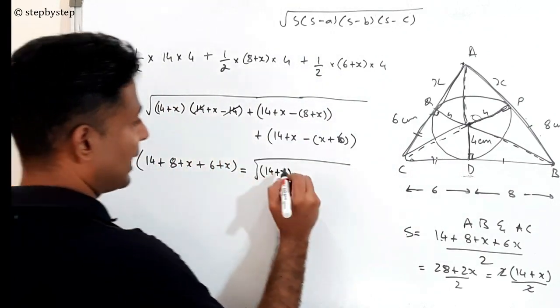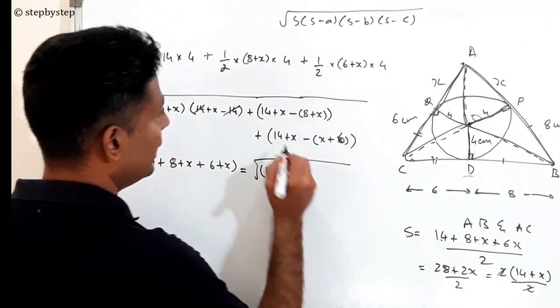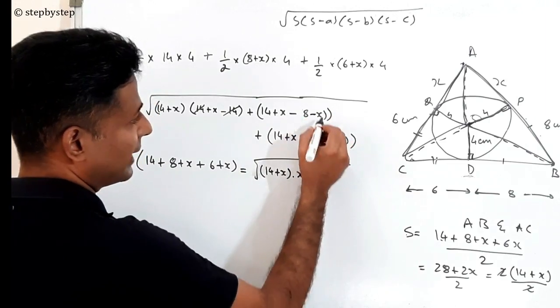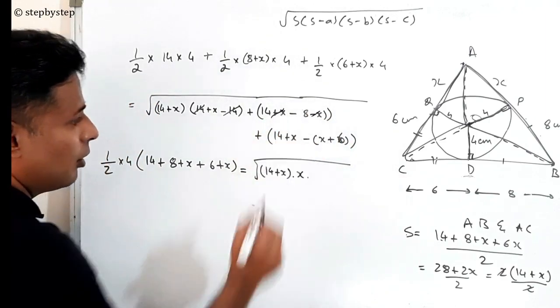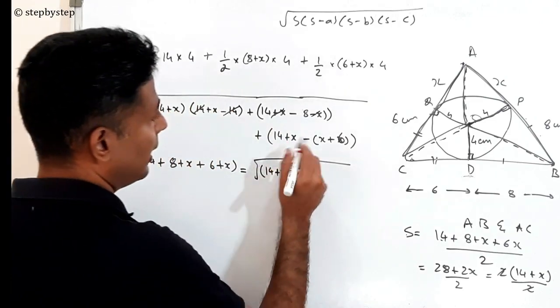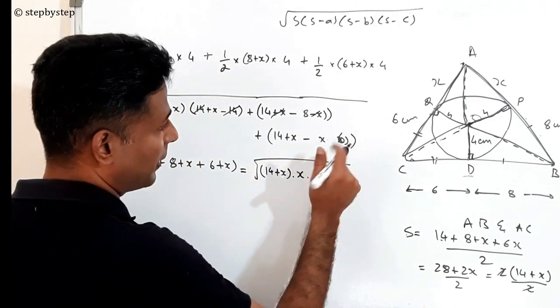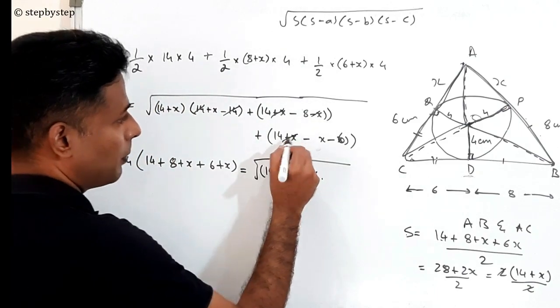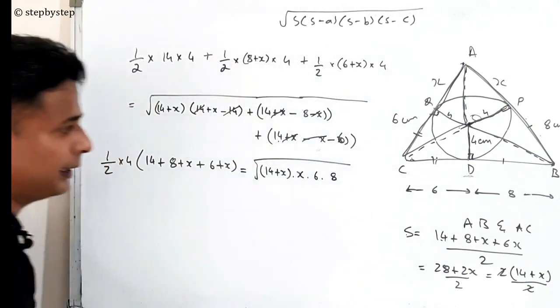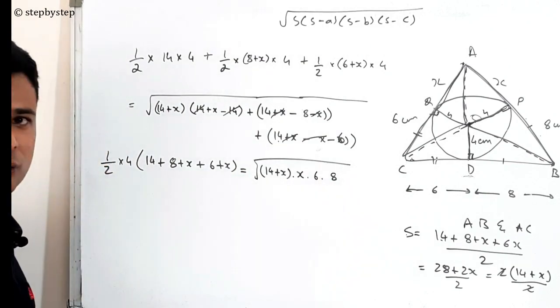Plus 14 minus 14 cancels, so into x. Now when I open this bracket it becomes minus 8 minus x, so minus x plus x cancels, and 14 minus 8 is 6. Again when I open this bracket, plus x minus x cancels, and I get 14 minus 6, that is 8. So I have got this much value over here.